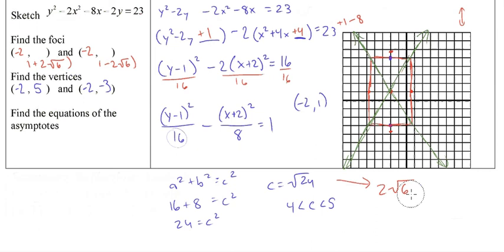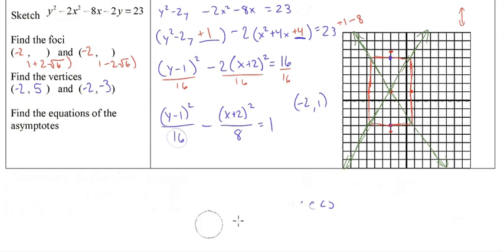So let's clear up this space here. We're going to have y minus the y value, so y minus 1 is equal to plus or minus the slope, and I'm going to leave that blank for a second, times x minus the x value of the center, so minus -2 is plus 2.